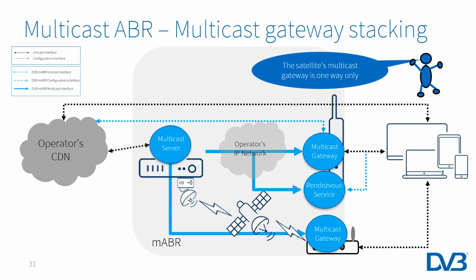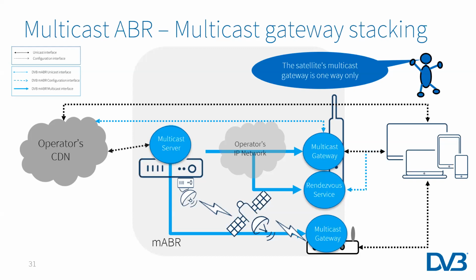In this use case, we have a multicast gateway hosted by one device, the residential gateway, and another one hosted by a set-top box, for example a satellite set-top box here. Then we have a rendezvous service that is colocalized with the first multicast gateway in the residential gateway. The rendezvous service might also have been localized in the network, right?